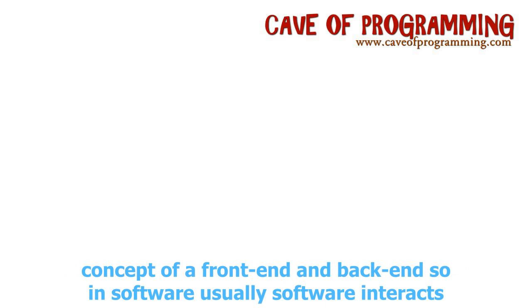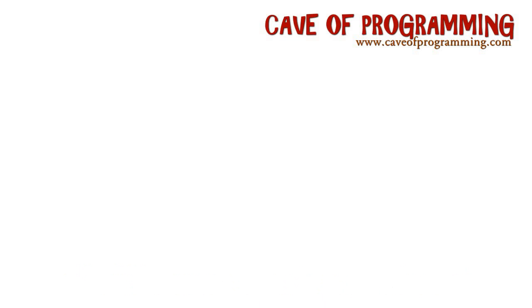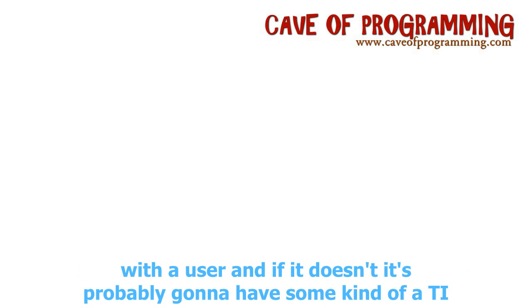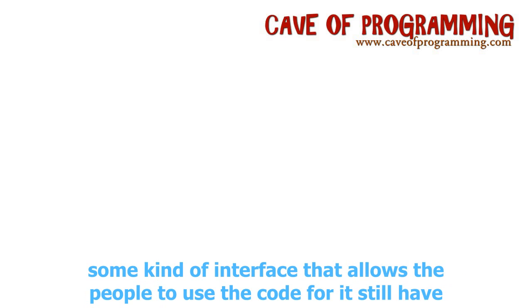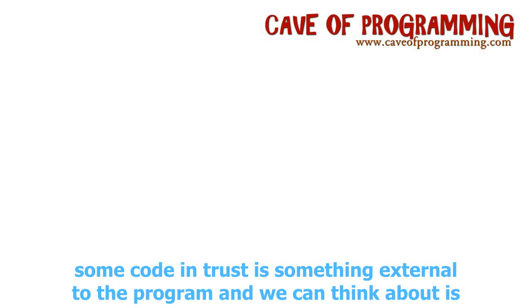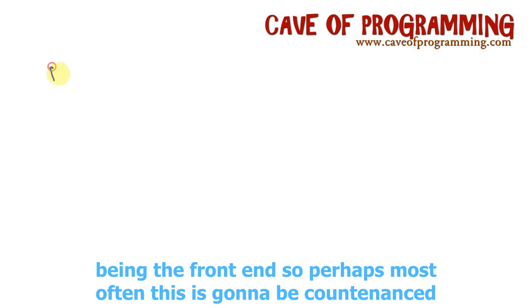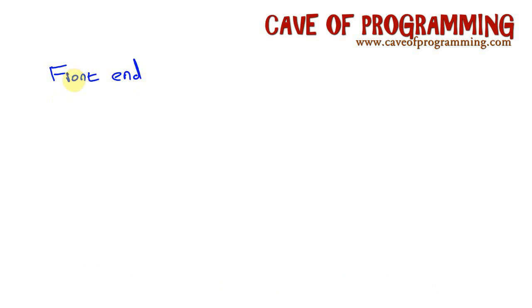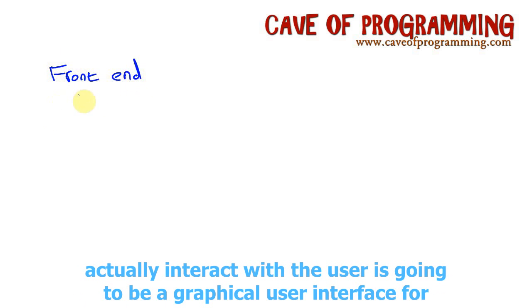So in software, usually your software interacts with a user, and if it doesn't, it's probably going to have some kind of API, some kind of interface that allows other people to use the code, or it's going to have some code that interacts with something external to the program. And we can think of that as being the front end. So perhaps most often this is going to be code that actually interacts with the user.